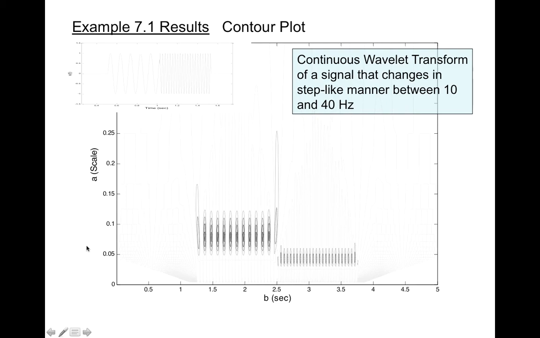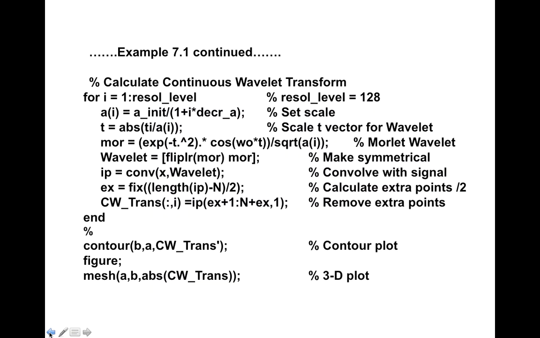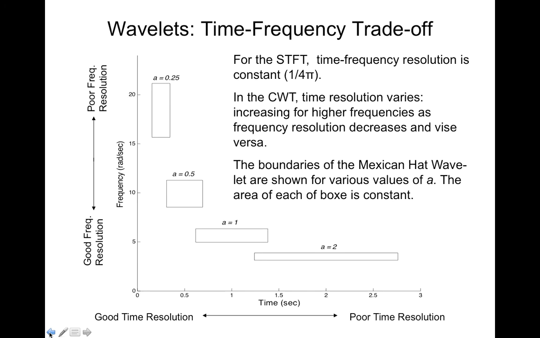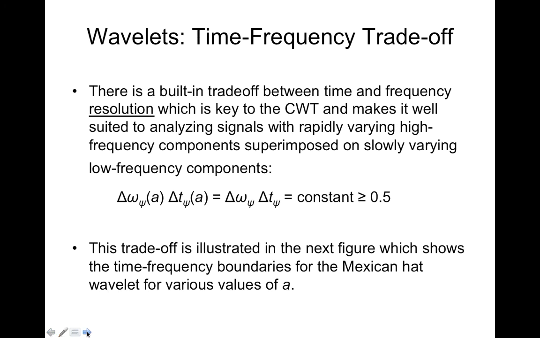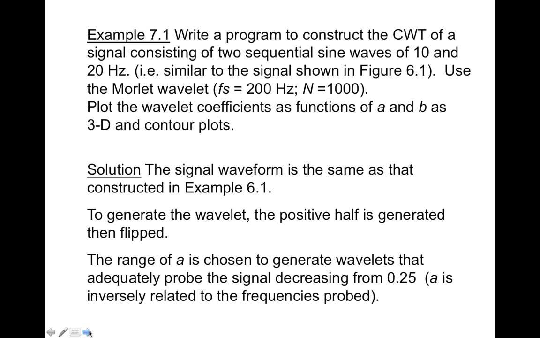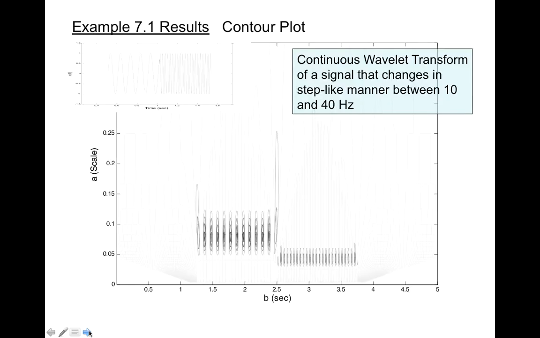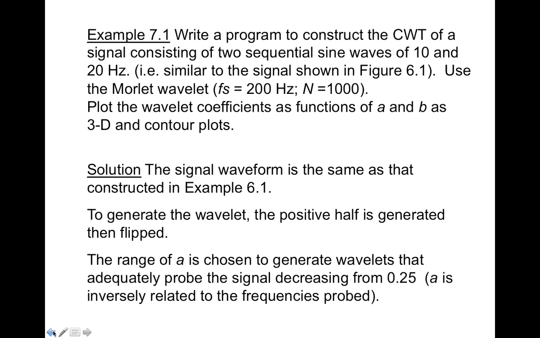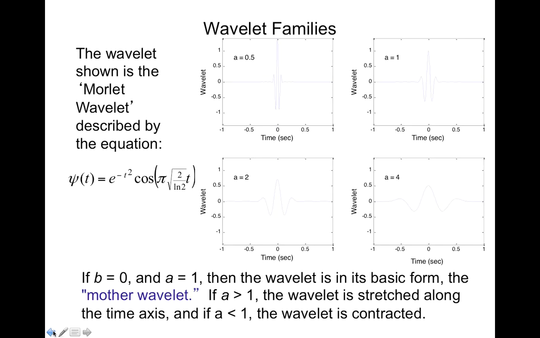If we were to go back and look at the wavelet function itself, I may not have a good plot of the Morlet wavelet. Now it's kind of similar to this. You notice that for this lower scale, the wavelet's getting really compact.